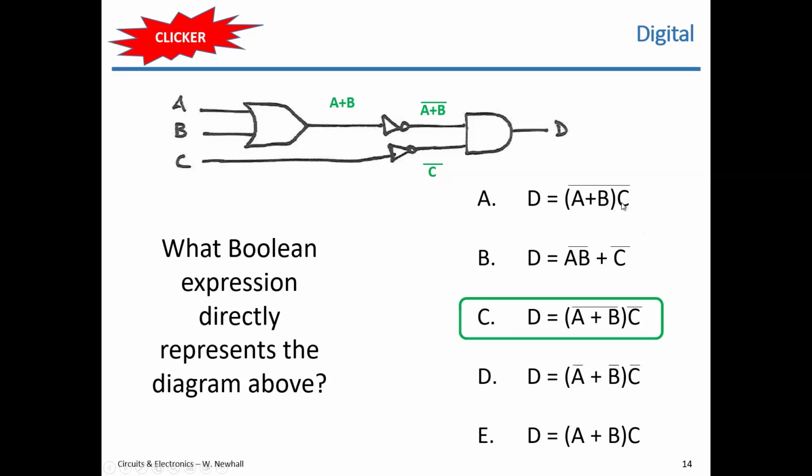Well, no, it's not the same thing. For answer A, we could draw out that circuit, but you would have to do the OR gate and then the AND gate and then invert the whole output. That would be a different logic circuit. So these A and C are not equivalent.